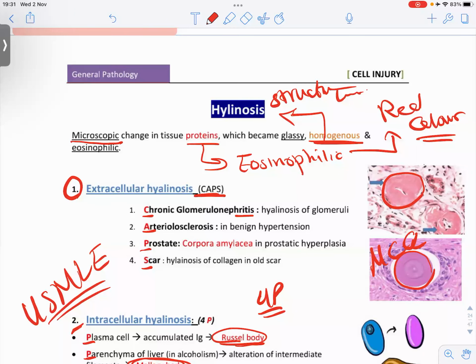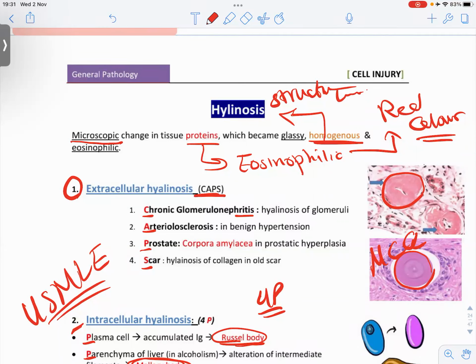The blood will come so fast and start to destroy the walls of the capillaries, because the capillaries inside the glomerulus are very, very narrow and small in size. And the wall of the capillary contains proteins. So these proteins will be damaged and accumulate inside the capillary of glomeruli.